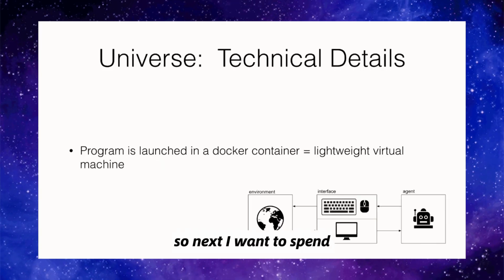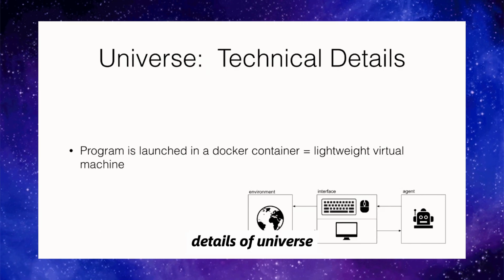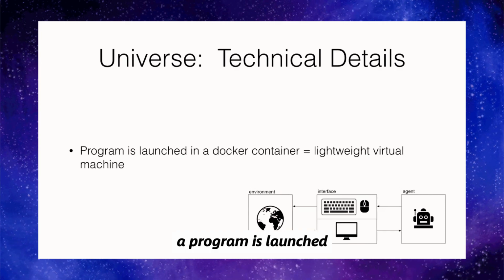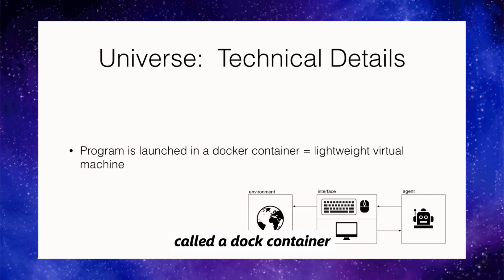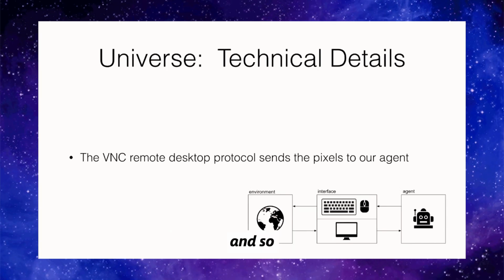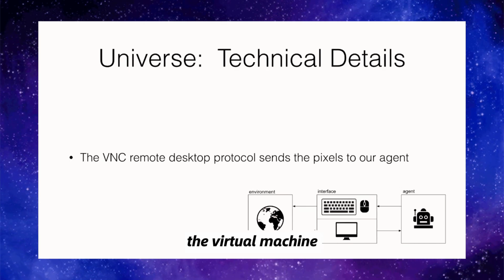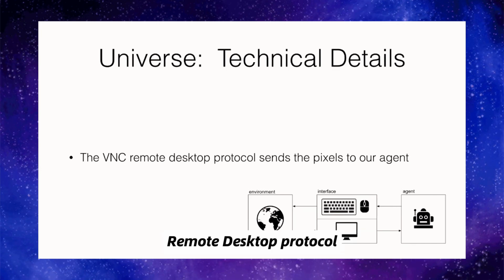So next, I want to spend a little bit of time talking about the technical details of Universe. A program is launched in a lightweight virtual machine called a Docker container. And what we do is that the virtual machine interacts with our process using the VNC remote desktop protocol.